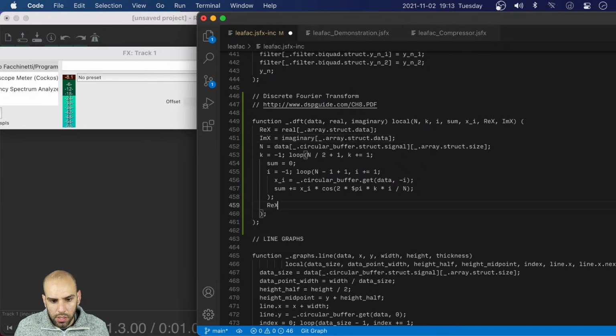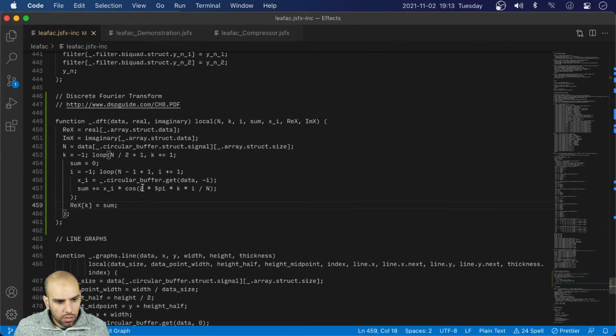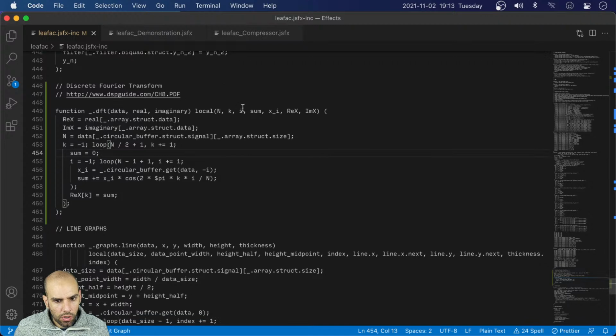I just go to the real part at k equals the sum. That looks good to me. Now let's take advantage of this loop and also calculate the imaginary. So I'll call this the sum real. And I will also have a sum imaginary.